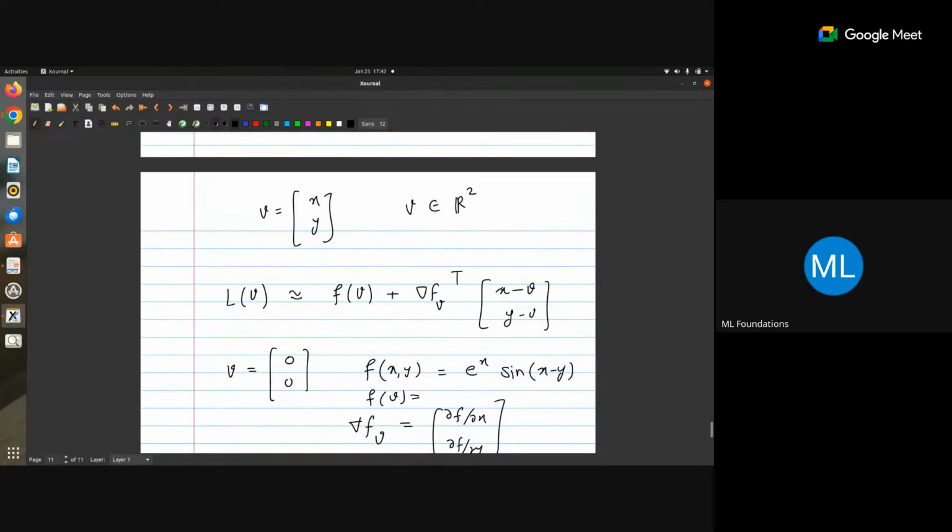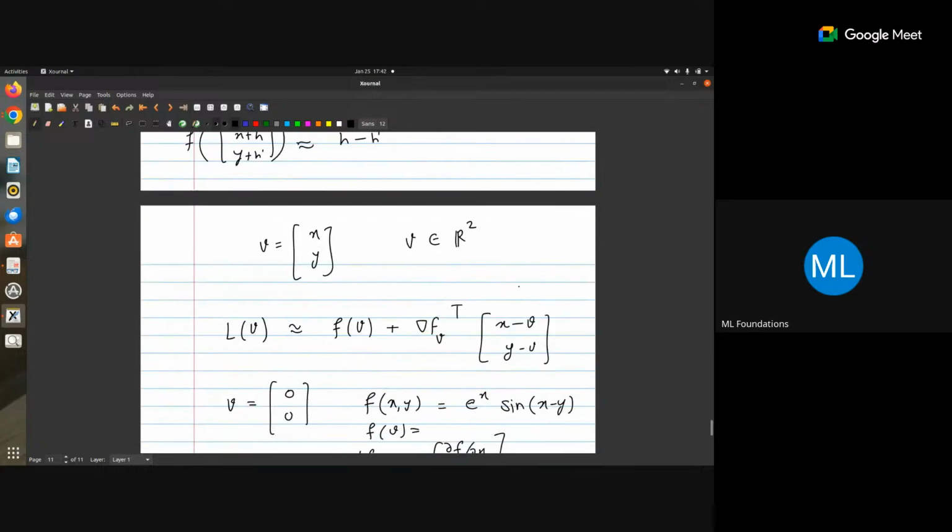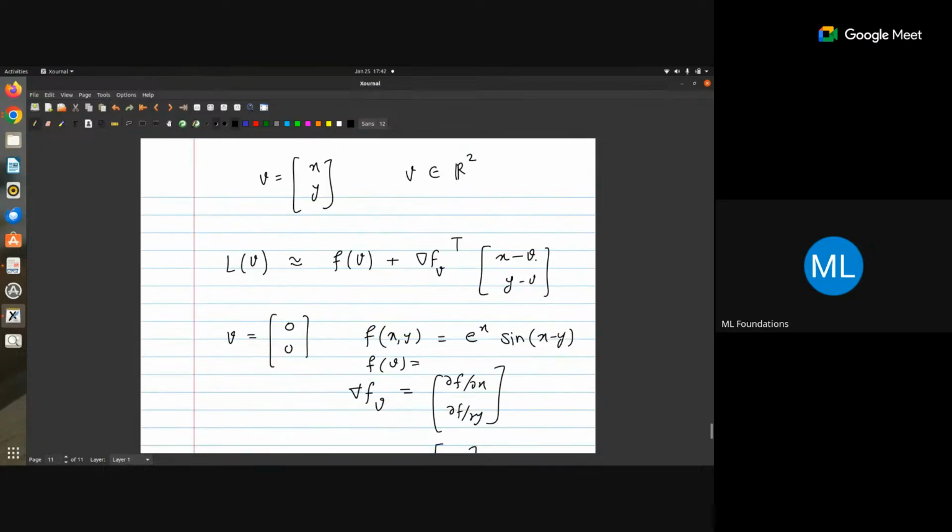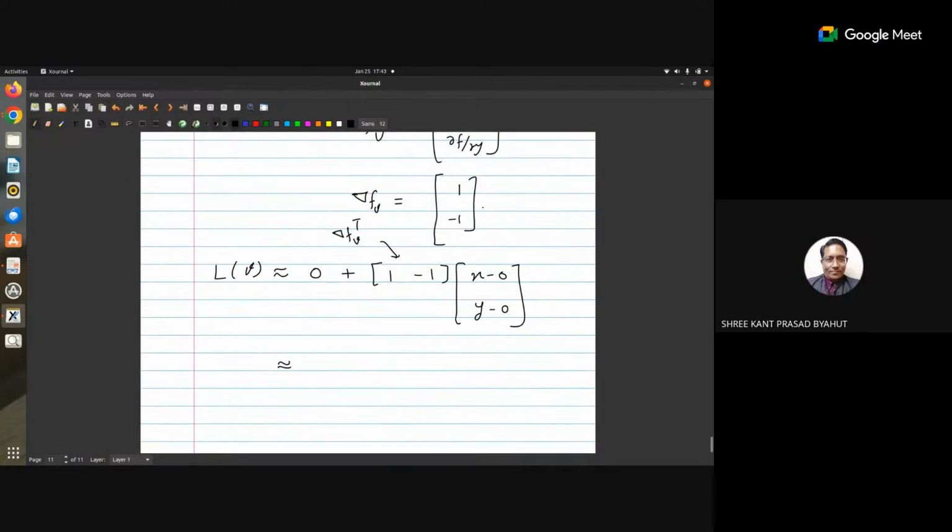I think it is written as v1 and v2; v is also a vector. They have used x1 minus v1 and x2 minus v2 like that. So here it is x minus 0 and y minus 0.